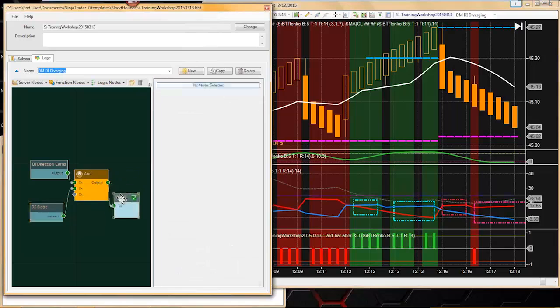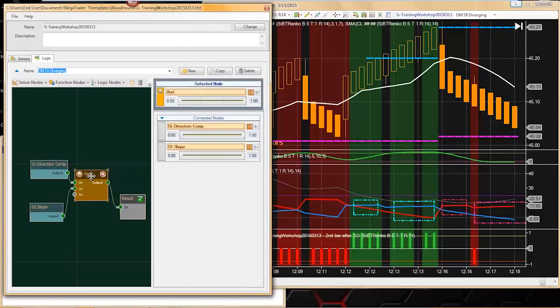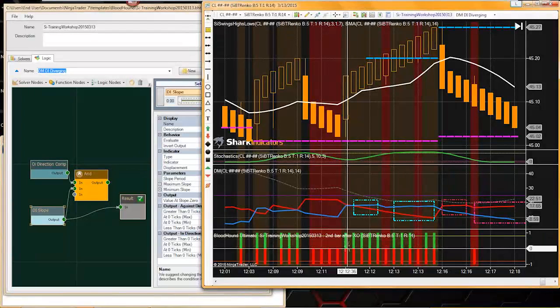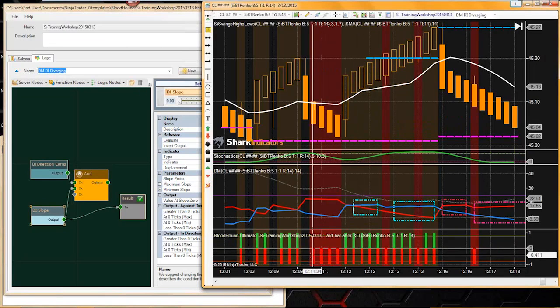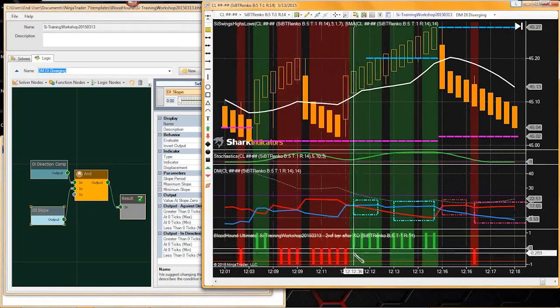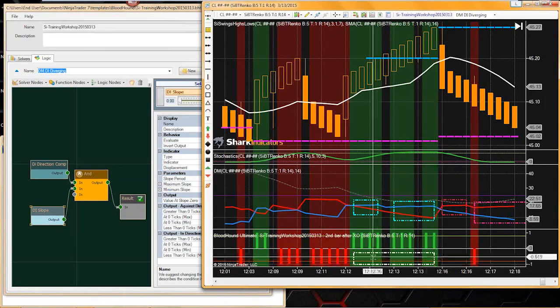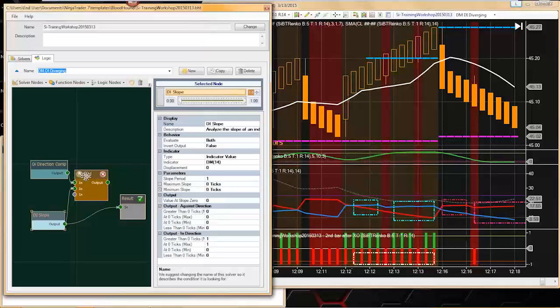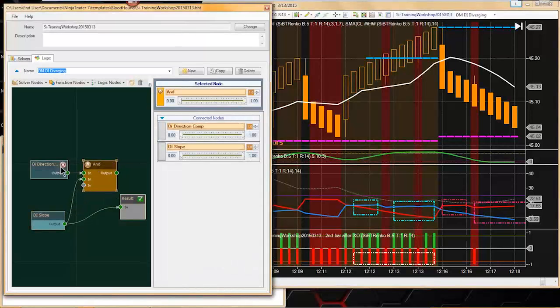Okay, so let's break this down a little bit so you get a better understanding of what the AND node is doing. When you look at the slope indicator, it looks a little confusing because we're getting a long and a short output. But you'll notice that this short output actually gets filtered out when we use the AND node. The short signals got filtered out from the slope solver because we used an AND node.